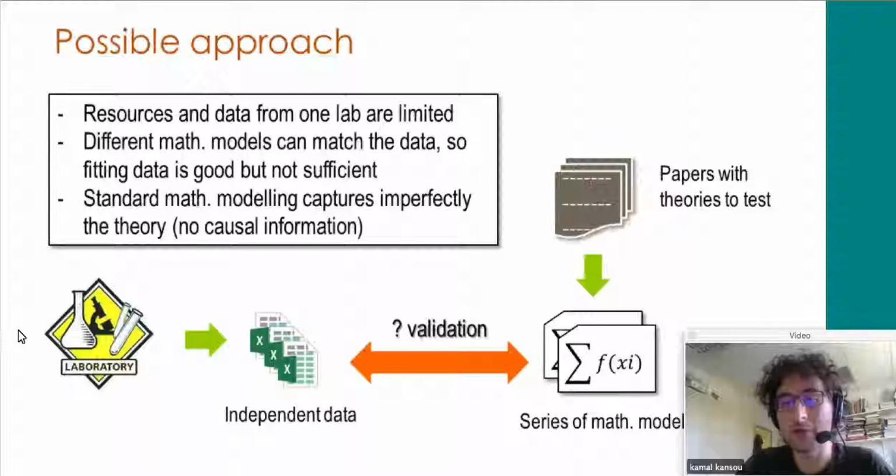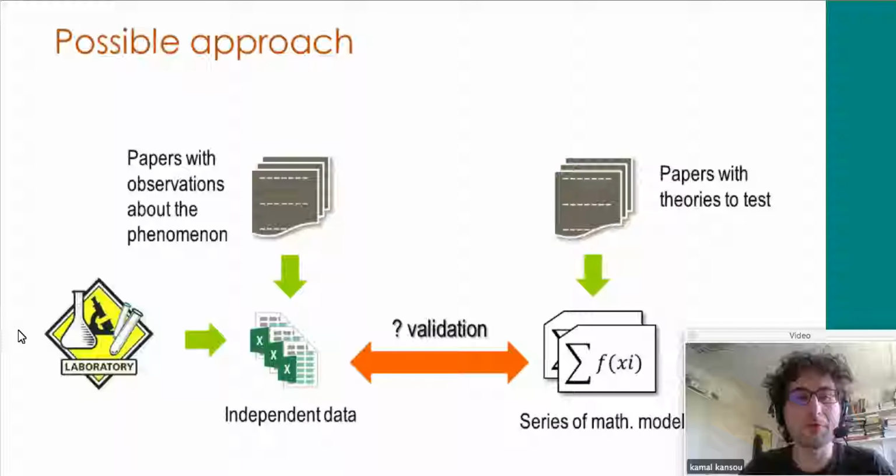For example, usually in publications, theories are expressed using causal effect relationships, and you cannot really capture this causal relation in, for example, ordinary differential equations. So it's important to have a representation that captures the knowledge explicitly.